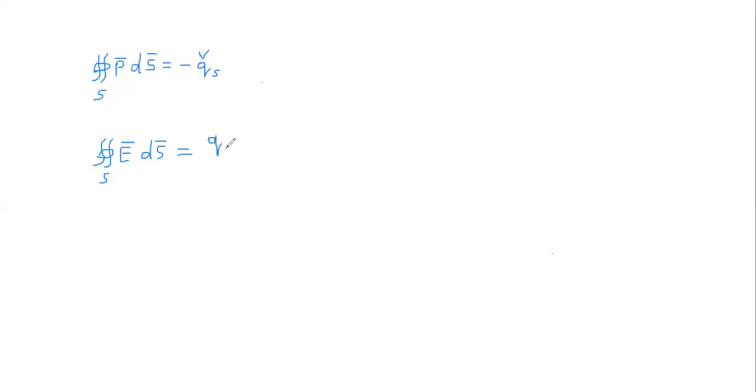So here will be free charges plus bound charges divided by electric constant. Lower index S means that Q is charge inside closed surface S. So Q_S is charge inside the closed surface S.